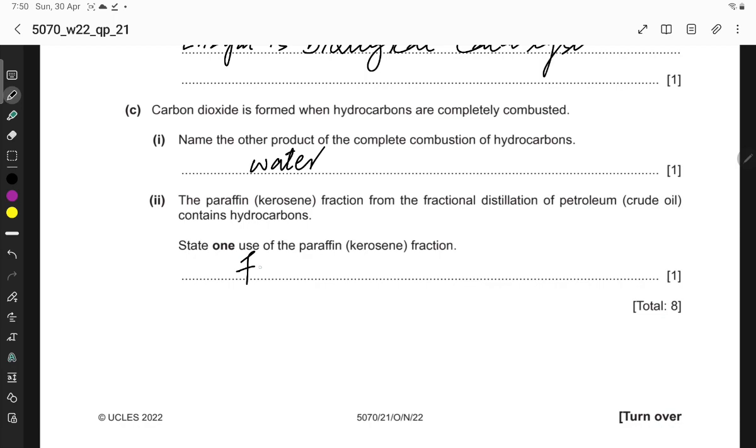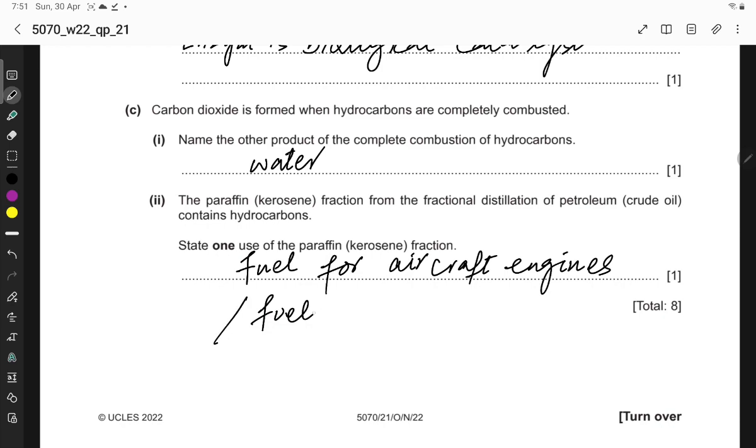Fuel for jet engines, aircraft engines. It is also used for heating. So fuel for heating.